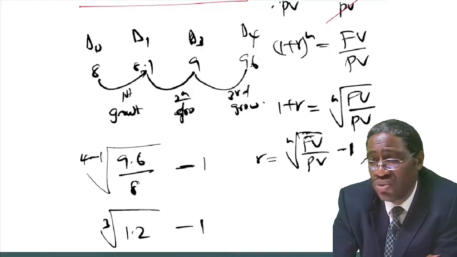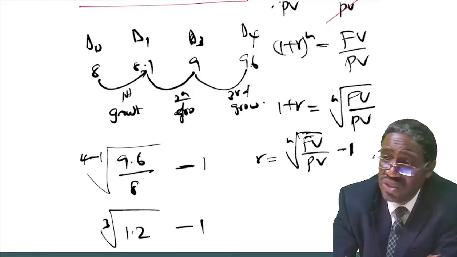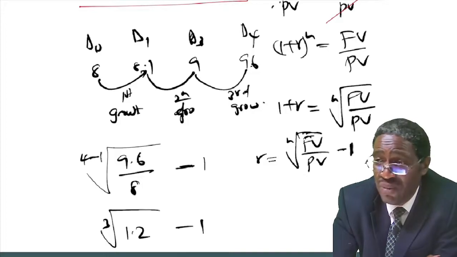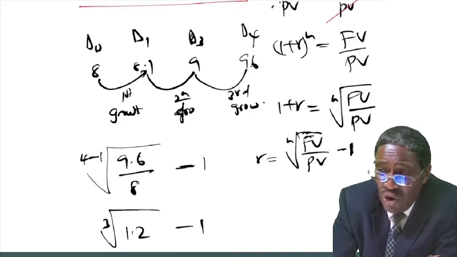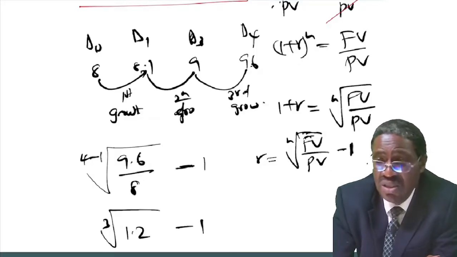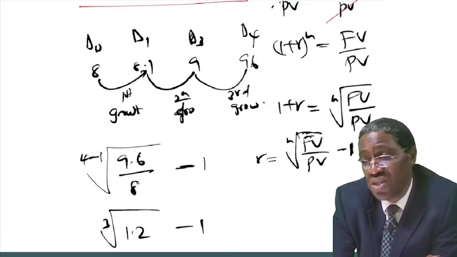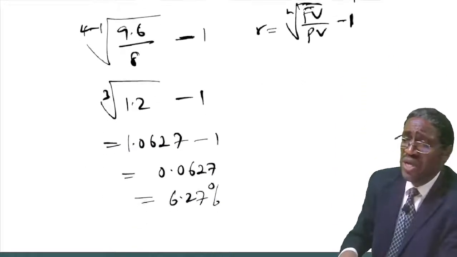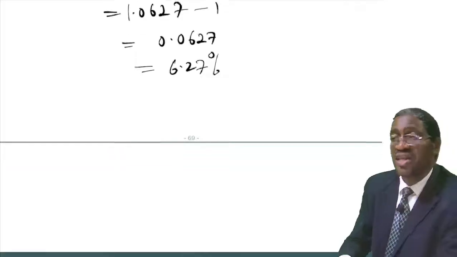Then you divide those two. Then whatever you get, you take the root of 4 minus 1. Why am I taking 4 minus 1? So that I get the number of growths. How many growths are there? 4 minus 1 is 3. Then you minus 1. Good. That's one of the ways of determining the growth rate.